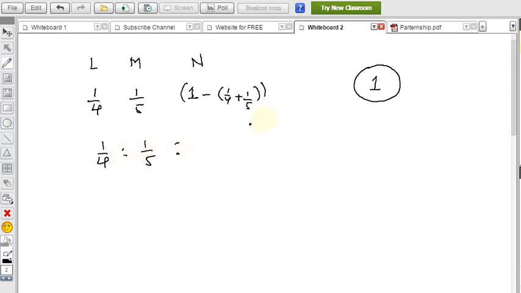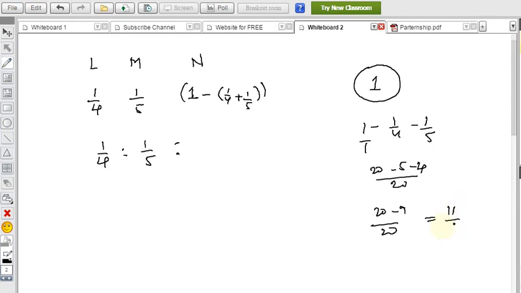If you simplify, 1 minus 1 by 4 minus 1 by 5. LCM is 20. 20 minus 5 minus 4, 20 minus 9 by 20, 11 by 20. So 11 by 20 is the share of N.